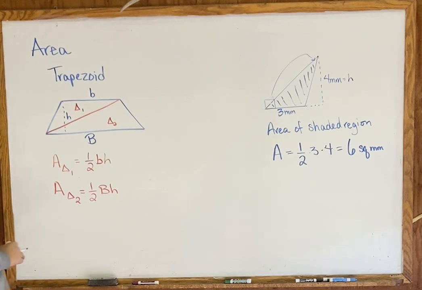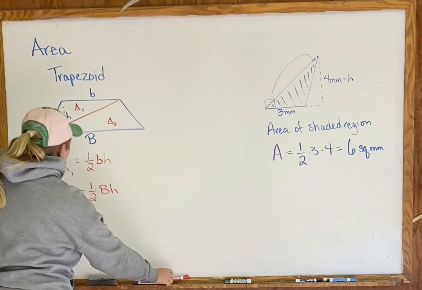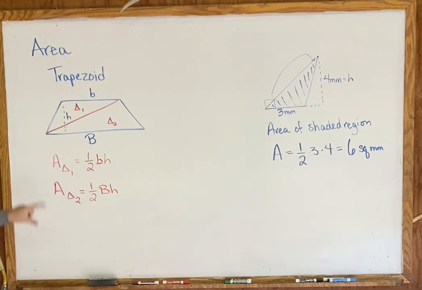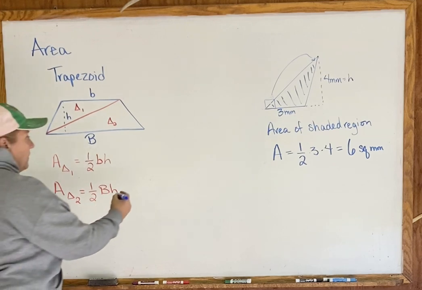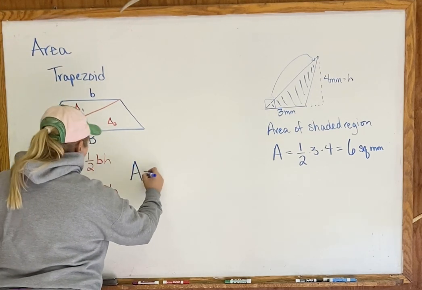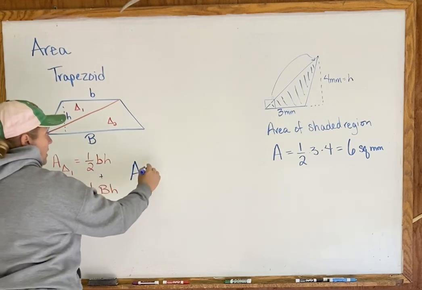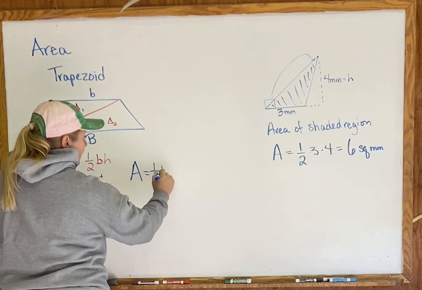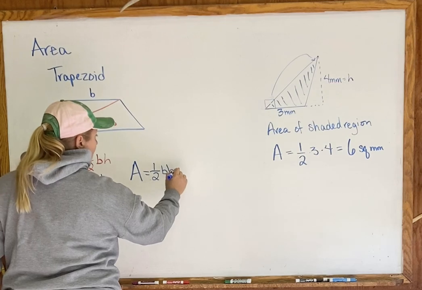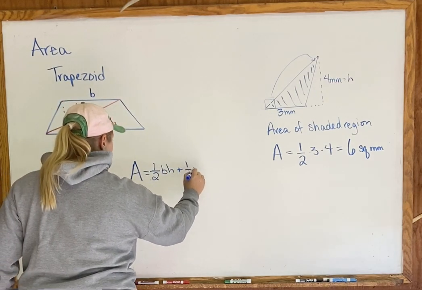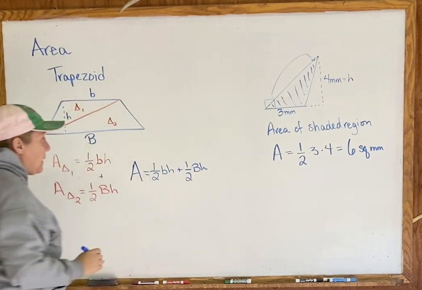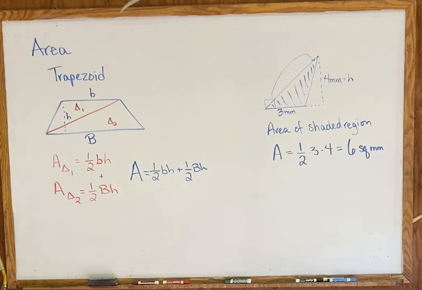So we were able to find the area of the two triangles, but if we want the area of the whole trapezoid, so we want the total area, what are we going to do with these two? We're going to add them together, aren't we? So we're going to say 1/2 little b h plus 1/2 big B h.